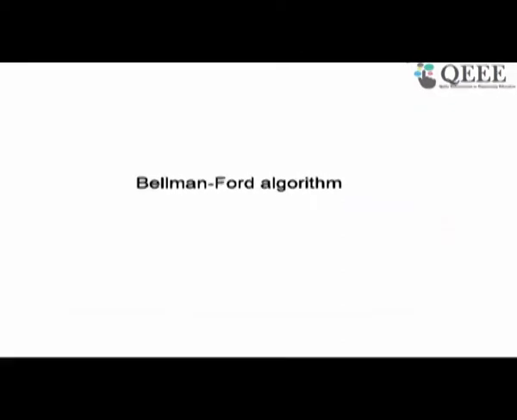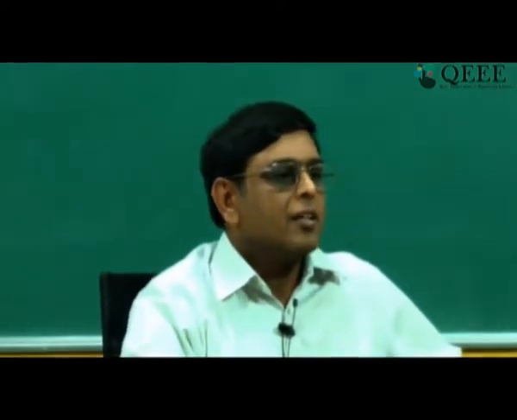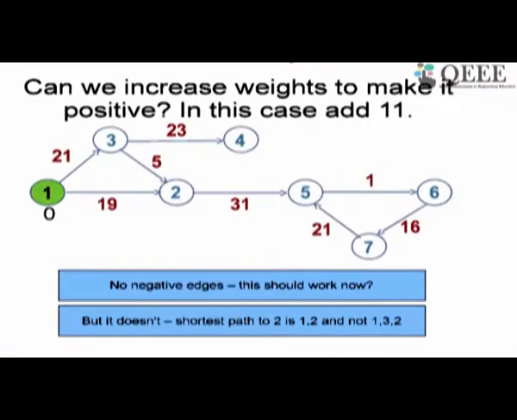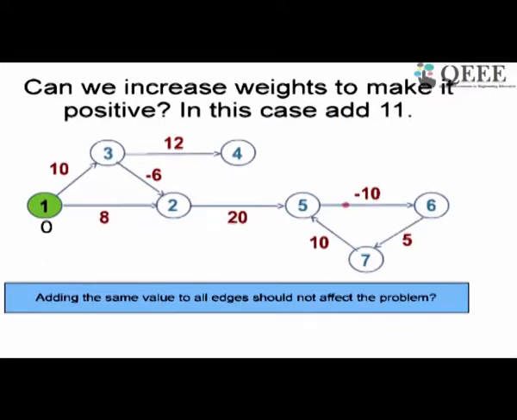Before you start working on a new algorithm, a question: is the value added always 11, or is there some logic behind it? The reason I added 11, it need not be 11, it could be anything else. I added 11 because I wanted to make it at least 0.